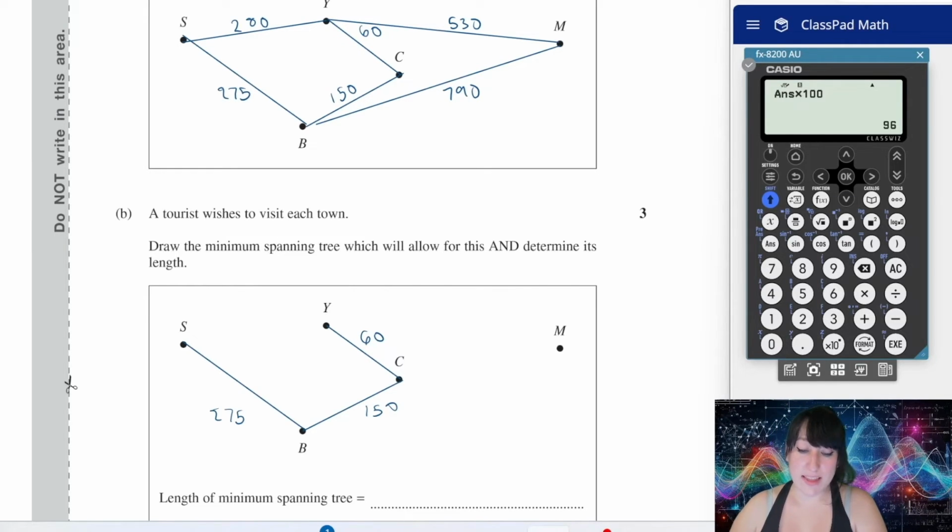So then we'll look at the last two options. Between 530 and 790, we'll pick 530, of course, which connects Y and M. That's our minimum spanning tree. The total length, we'll just add up the edges.